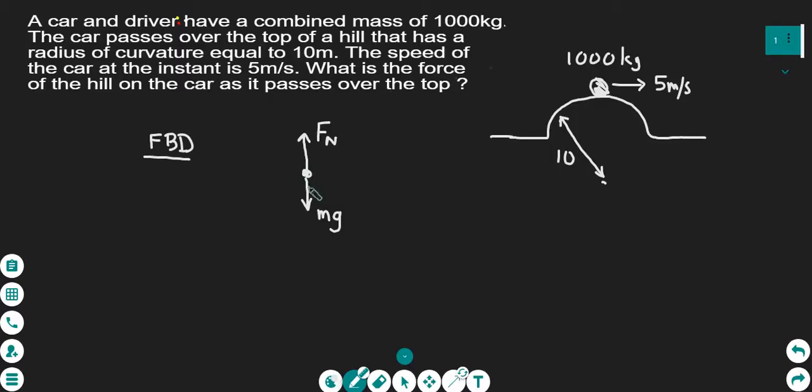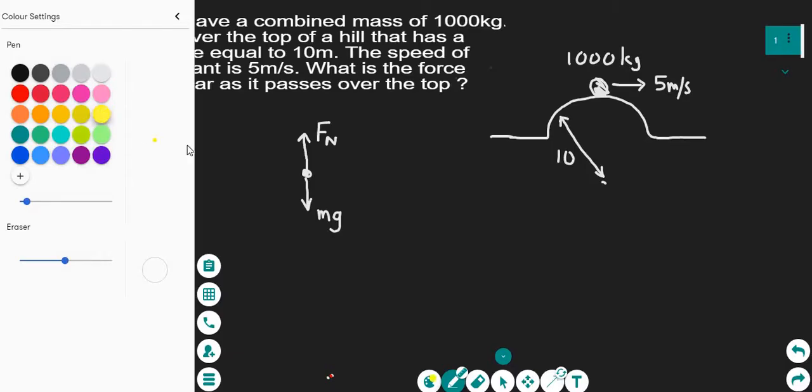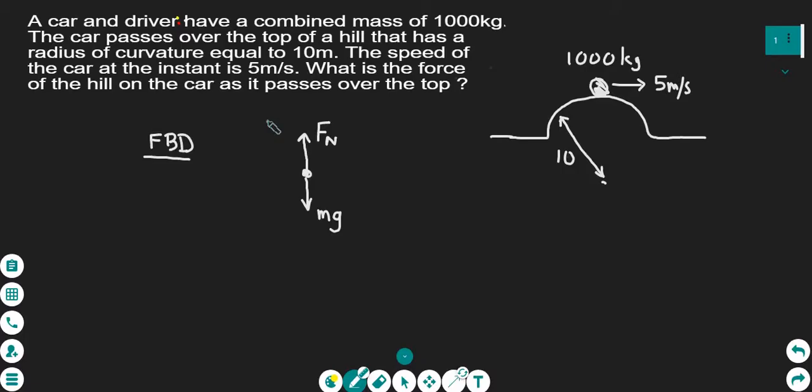Now the next step is to use a convenient coordinate system. That is, we are dealing with accelerations and forces, so we need to think about what direction is the positive direction, what direction is the negative direction. Since this is vertical, I'm going to specify the positive side of the vertical direction.